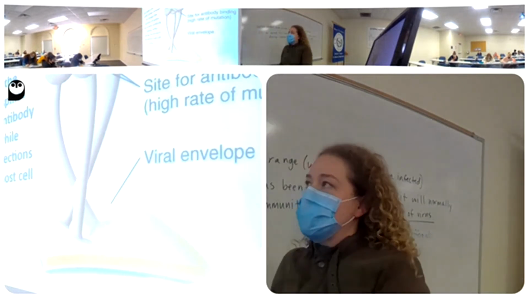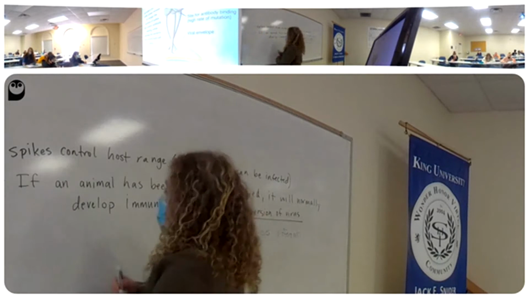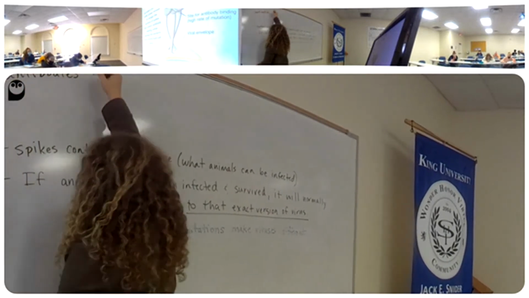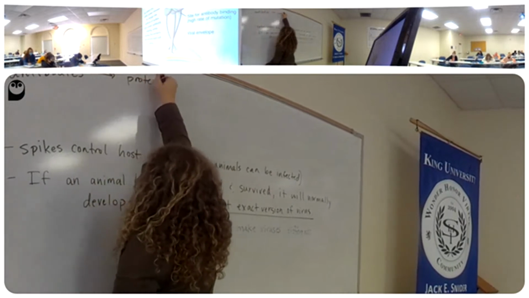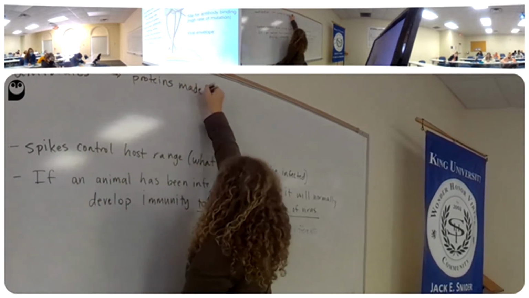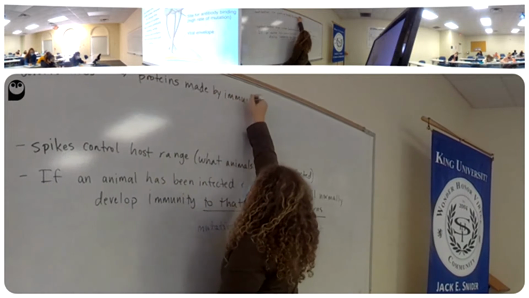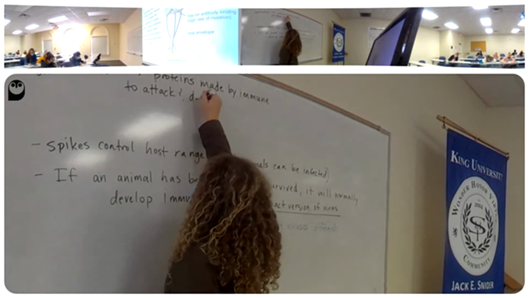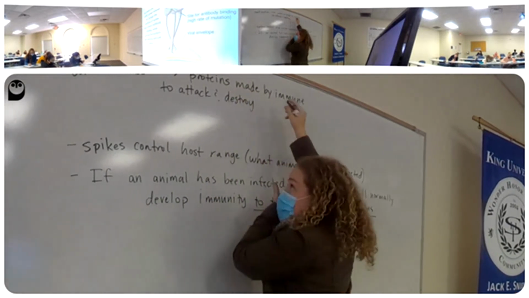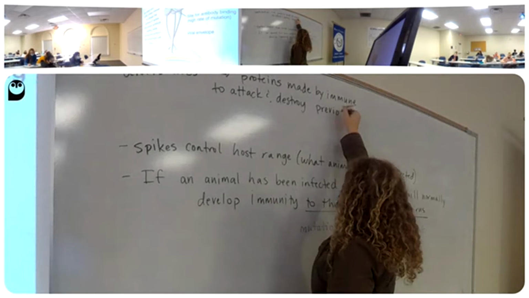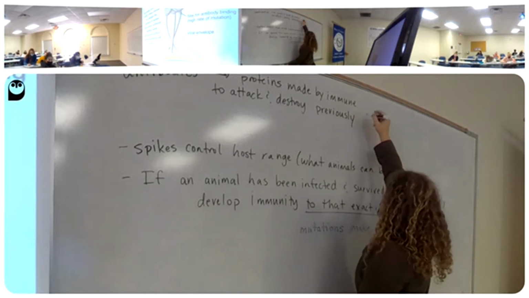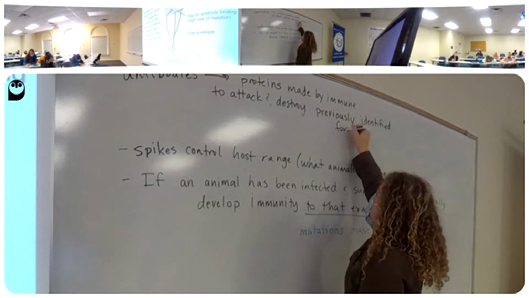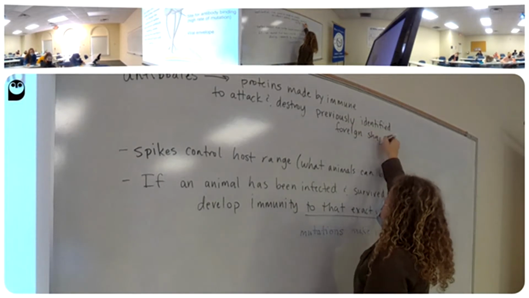So we haven't talked about antibodies yet. We'll get to that later in the semester, but antibodies are proteins that are made by the immune system to attack and destroy previously identified foreign shapes.